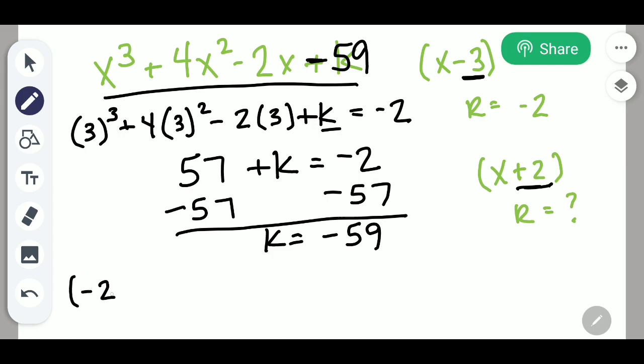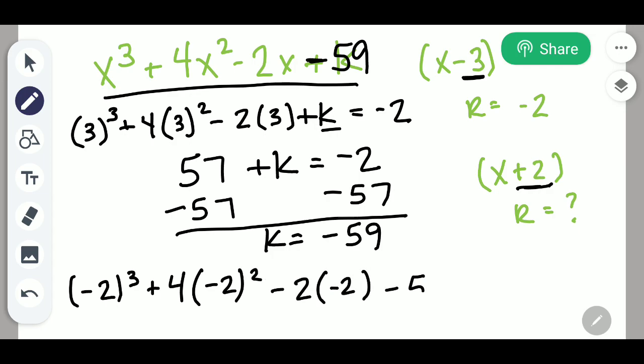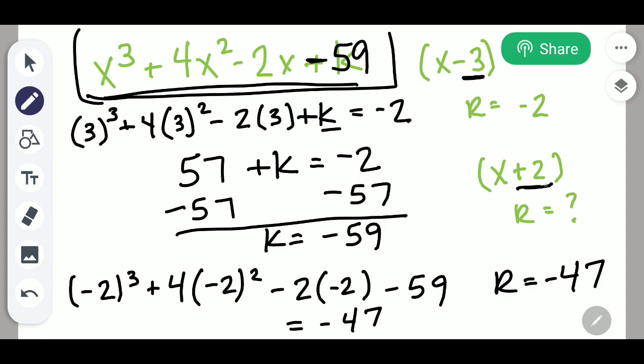So we would say -2 cubed plus 4 times -2 squared minus 2 times -2 minus 59 would give us the remainder. And when you plug that into your calculator, you should get -47. And so the remainder is -47 if you divide this function up here by this divisor.